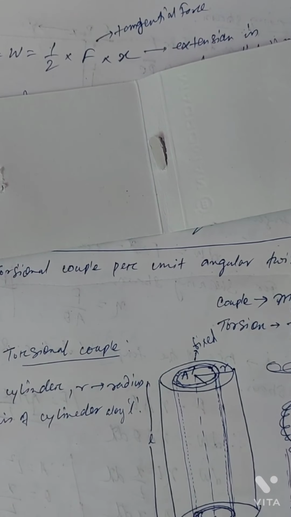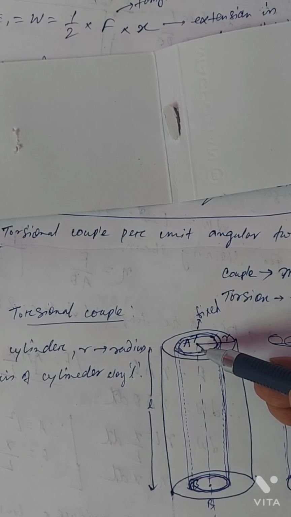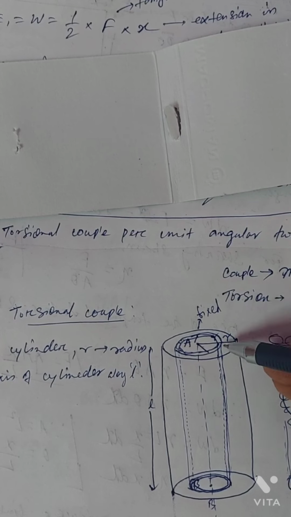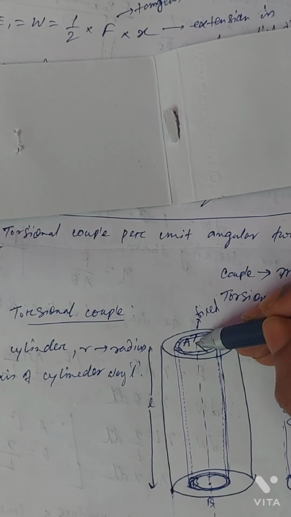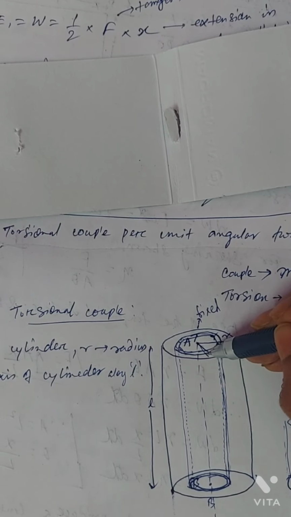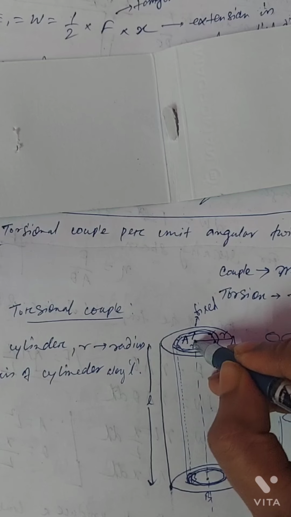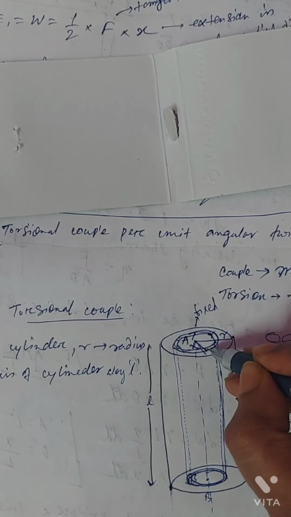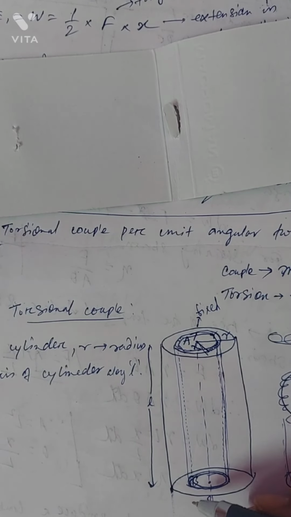Now let us consider a small elementary cylinder, of radius x and thickness dx, and the length is the same.